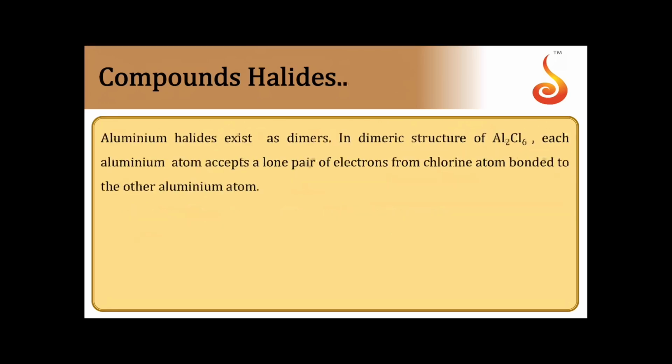Then, among halides, let us take aluminum halides. Aluminum halides exist as dimers, with the dimeric structure of Al2Cl6. Each aluminum atom accepts a lone pair of electrons from a chlorine atom bonded to the other aluminum atom. If you see the structure, there are 2 aluminum atoms and chlorine atoms around aluminum.